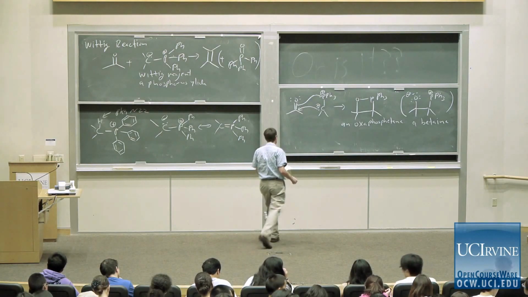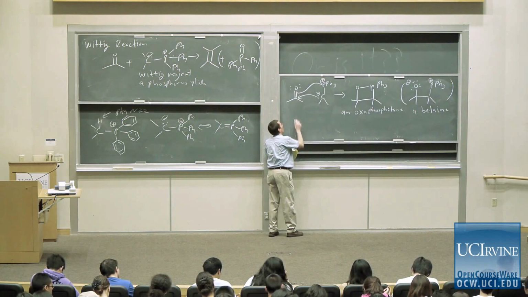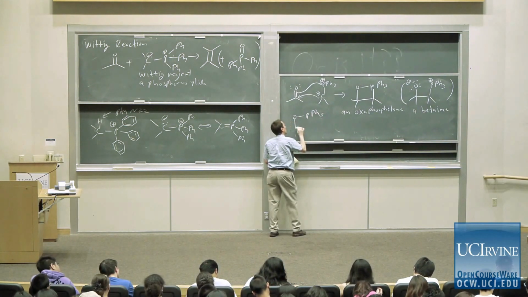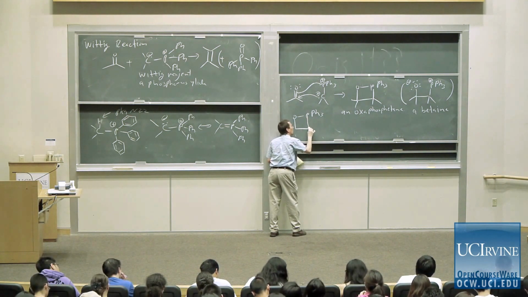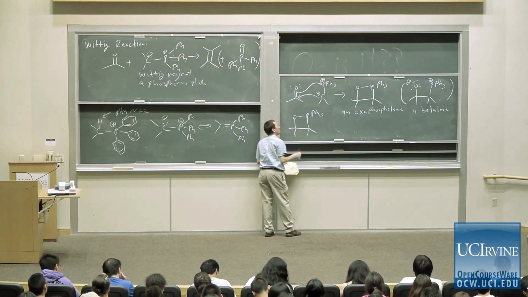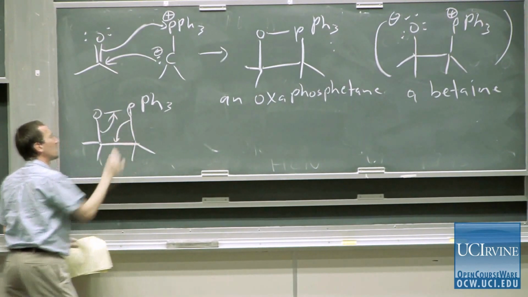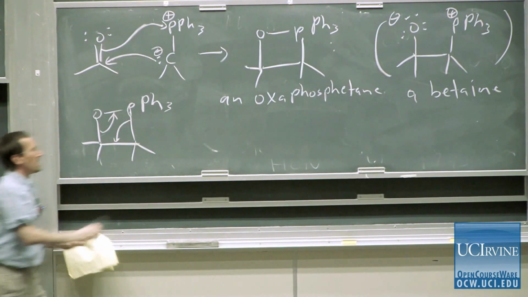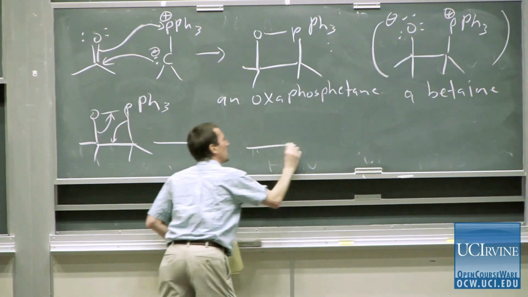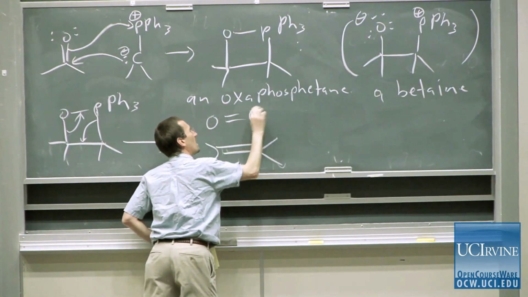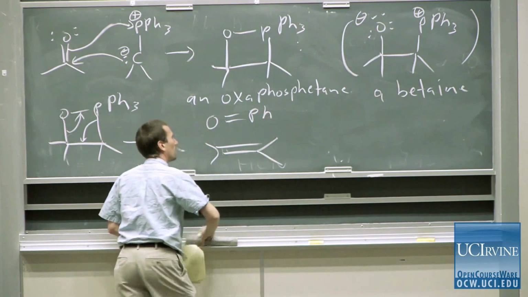In a second step, the oxaphosphetane breaks down, again in a concerted process, giving rise to the alkene and triphenylphosphine oxide.